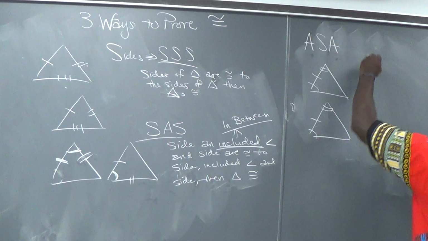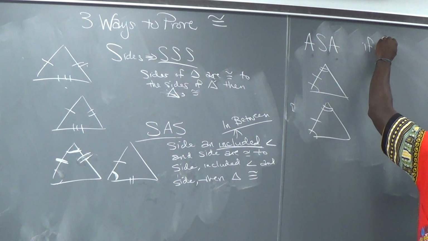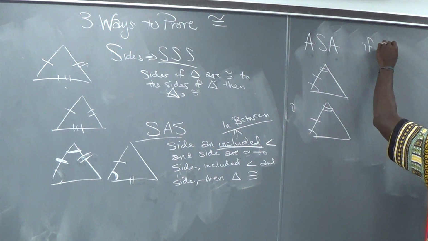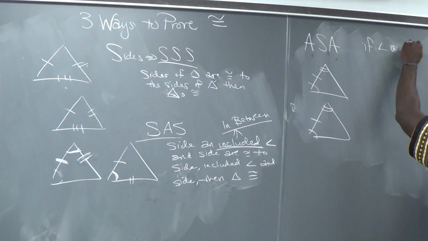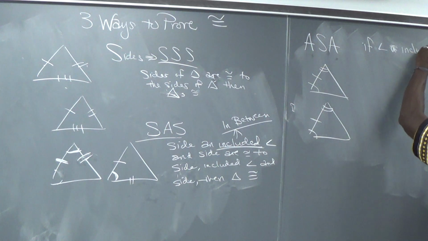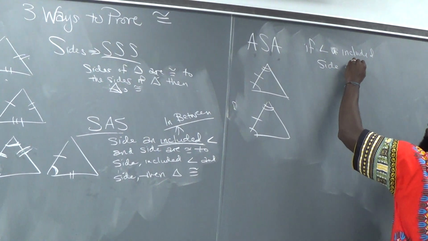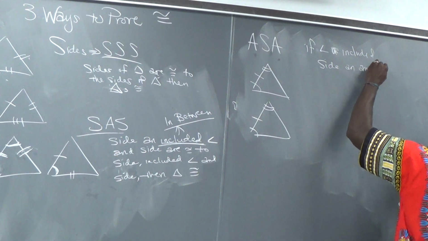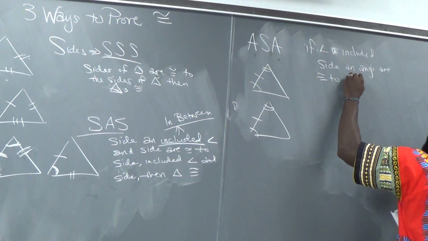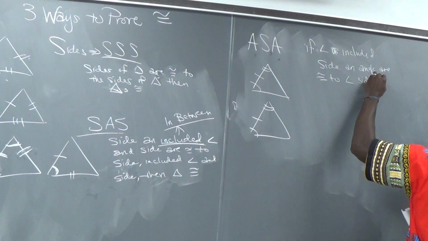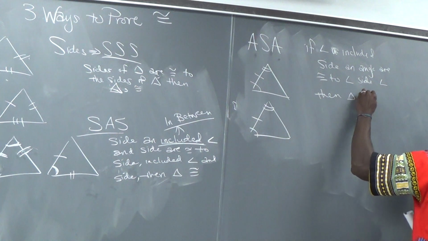If an angle, included side, and another angle are congruent to an angle, an included side, and an angle, then the triangles are congruent.